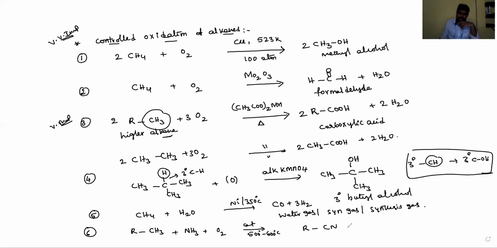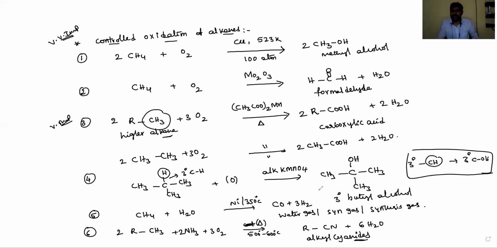Alkyl cyanides are also called nitriles. So you have to balance this: 2 moles of alkanes, 2 moles of ammonia and 3 moles of oxygen. Alkanes react with ammonia on oxidation at 500 to 600 degrees Celsius and produce alkyl cyanides. Alkyl cyanides are the products. So these are the important controlled oxidation reactions of alkanes, dear students. All are very, very important.